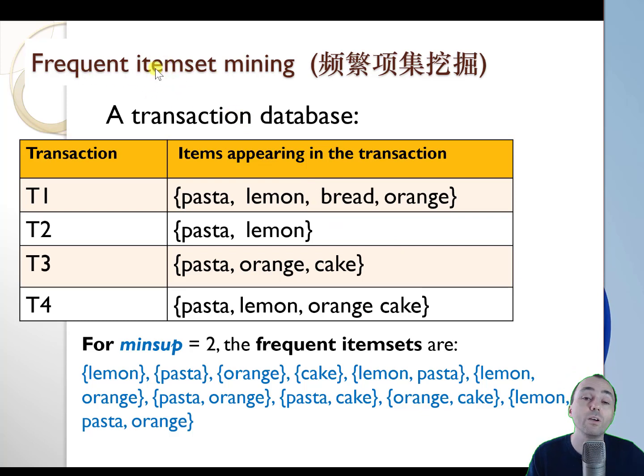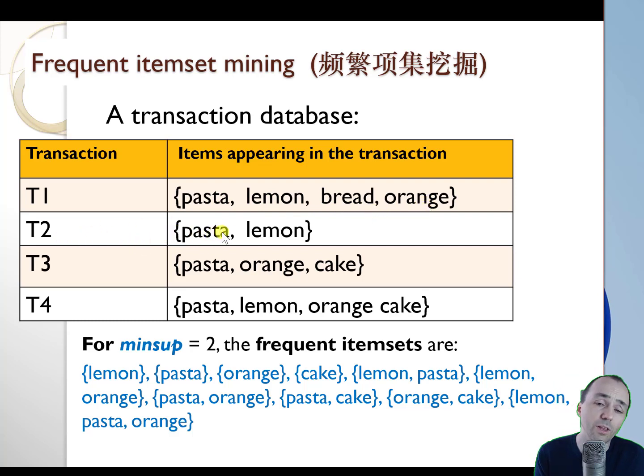Okay. So in frequent item set mining, here I have one example to explain to you. We have a database with 4 lines, 4 transactions about what some people bought in a store. Okay. So for example, let's say we have a store with a few products. Then transaction 1, some people buy pasta, lemon, bread, orange.